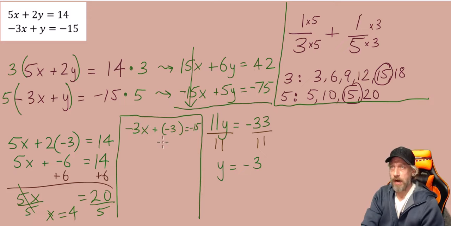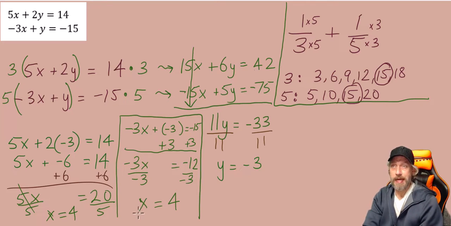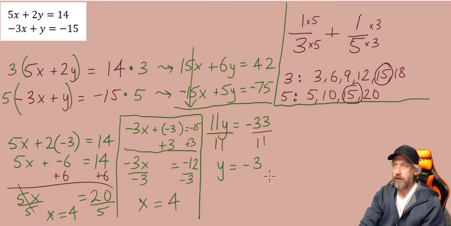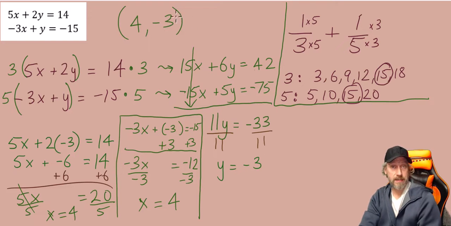Let's solve for x. Adding 3 on both sides now gets us to -3x equals -12. And then dividing by -3 shows x equals +4. So confirmed, we have an ordered pair solution, x equals 4 and y equals -3.